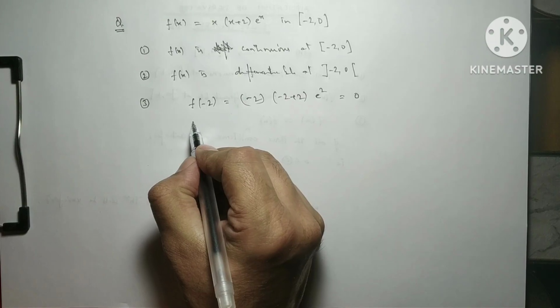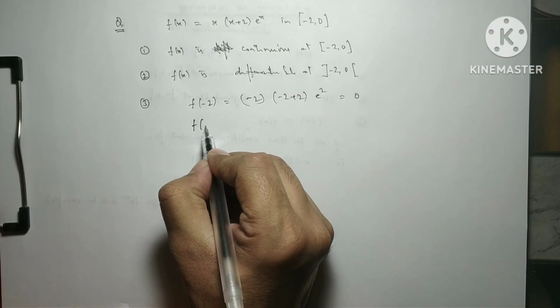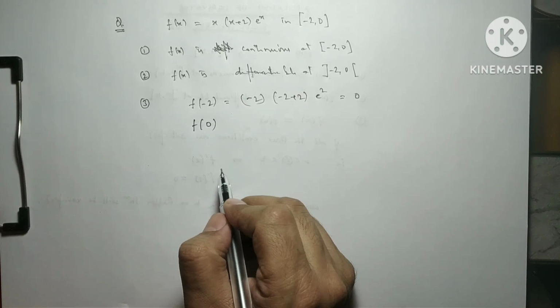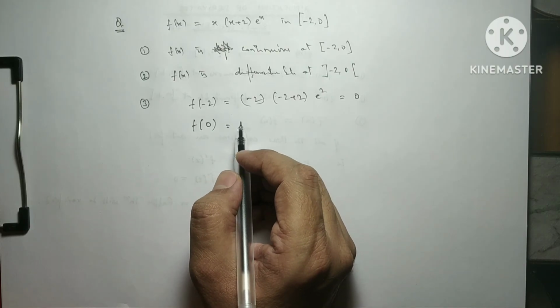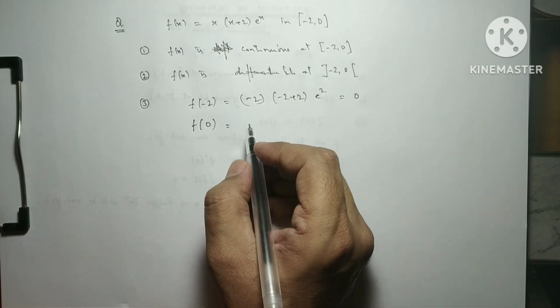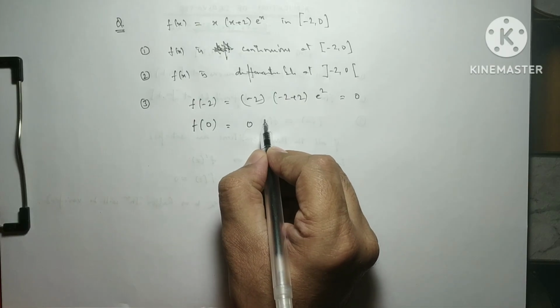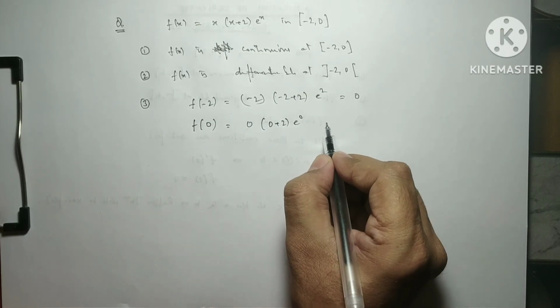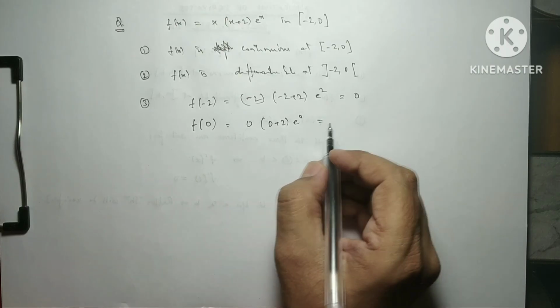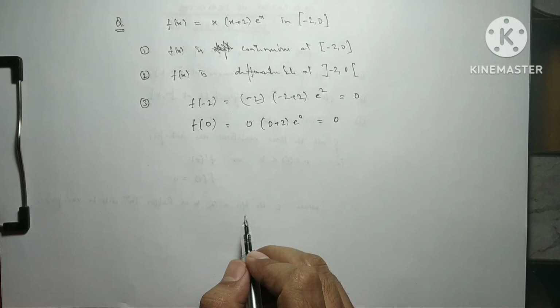And the second value, f(0), at the second terminal, again multiplied with 0, the result will be 0.